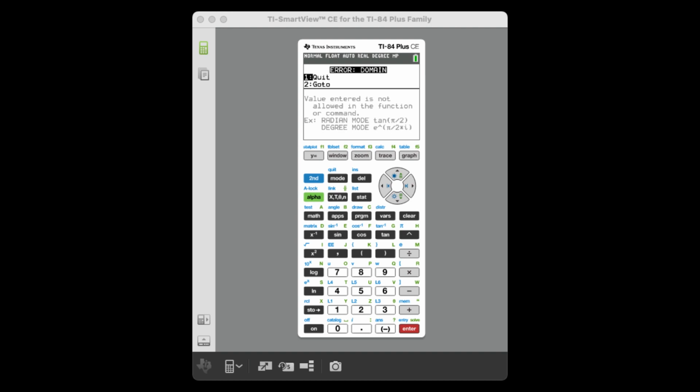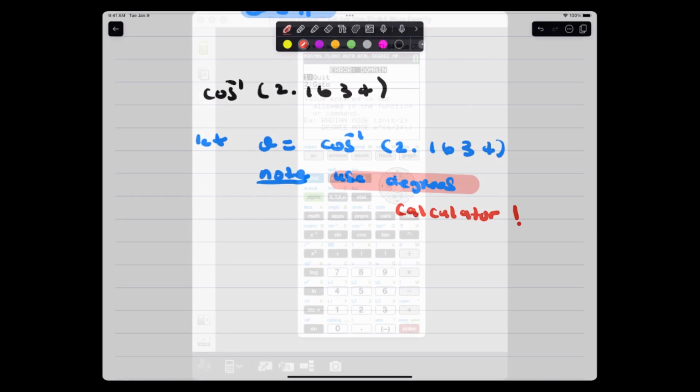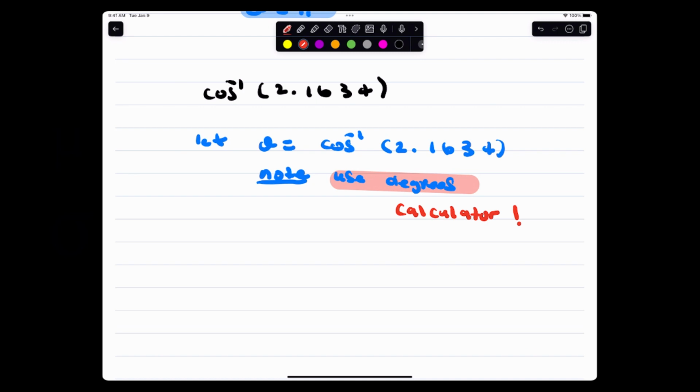There's an error, and the answer is what? Yes. Why? That's right. Thank you. Good job. I'm going to put this as a note. Why is there an error in the calculator here? Say error? Yes. So if we did use that definition, I want you guys to remember this here.